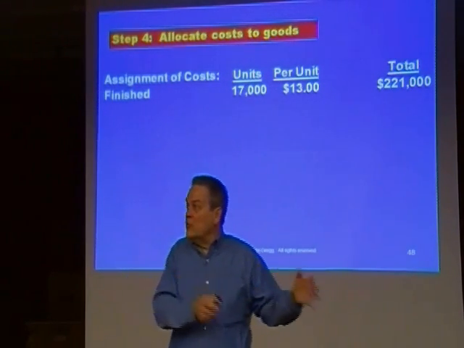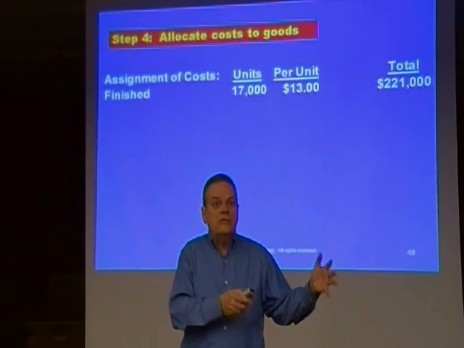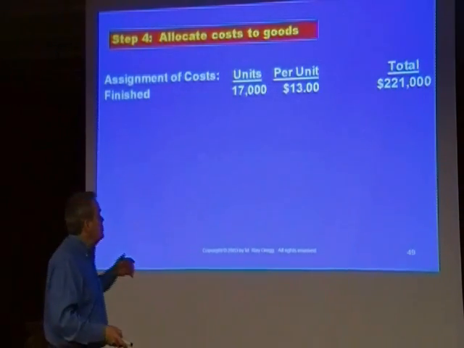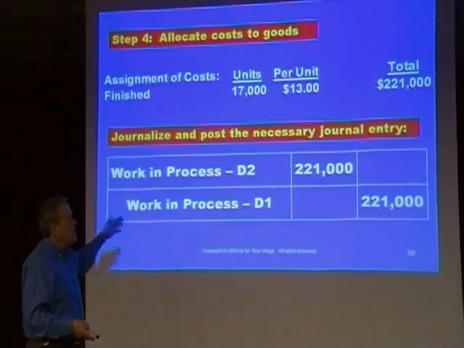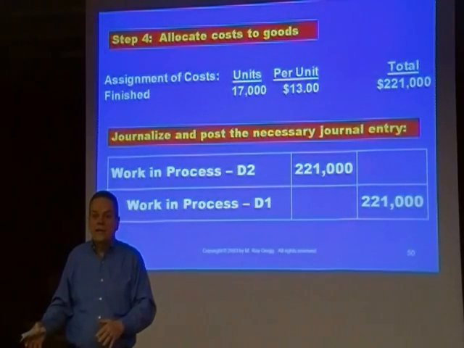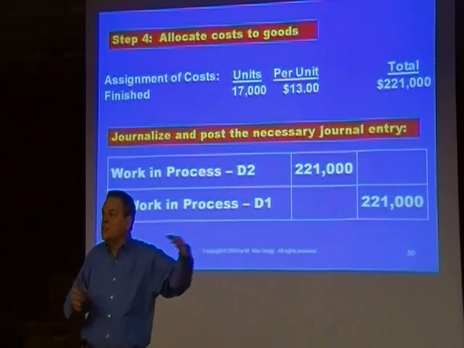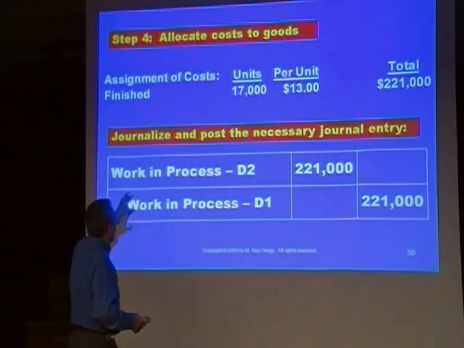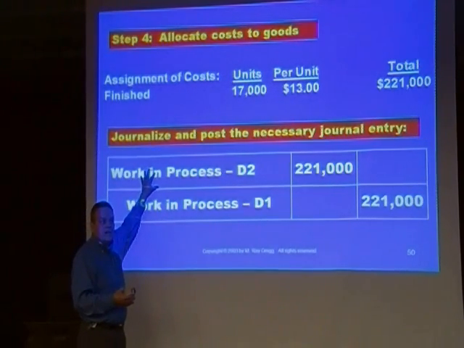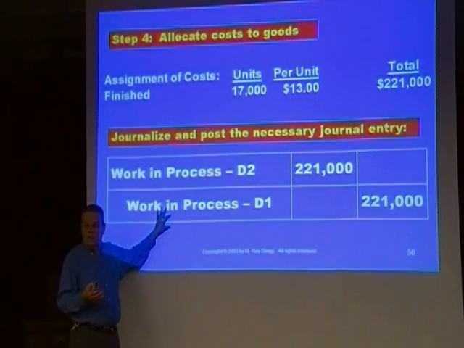So the entry from last week that you're comfortable with, debit finished goods, credit work in process, now needs to be edited to debit work in process 2, credit work in process 1. Sometimes you don't know the next department. They'll just suggest there is another department. You could think of it as debit work in process next, credit work in process this.